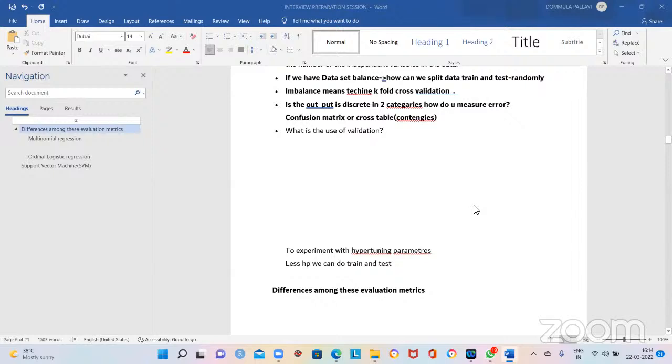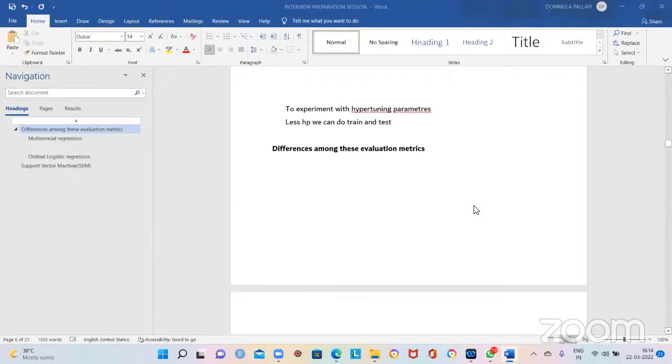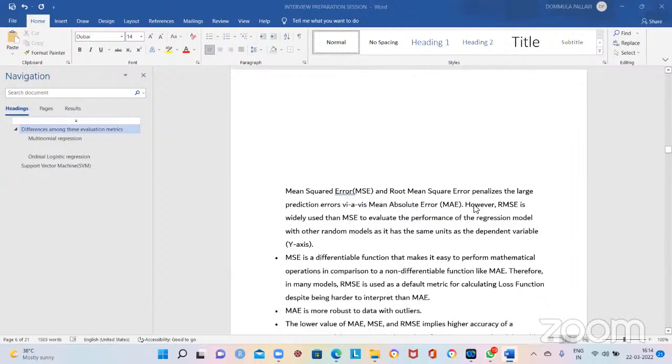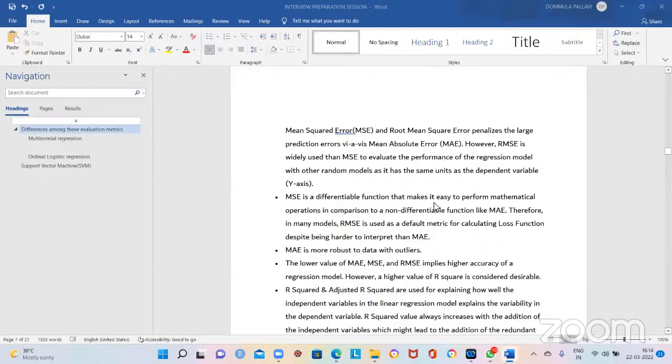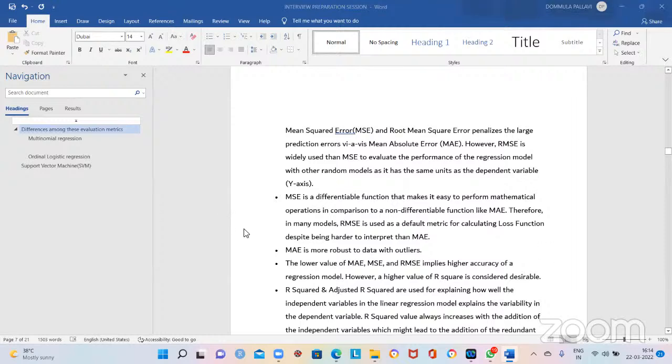To experiment with hyperparameter tuning, besides train and test we can use validation. Differences among these evaluation metrics: here we will discuss MSE, mean squared error, and root mean square error.